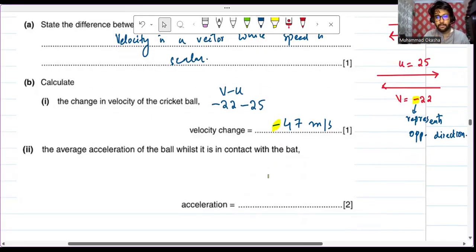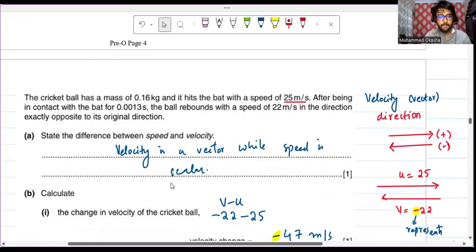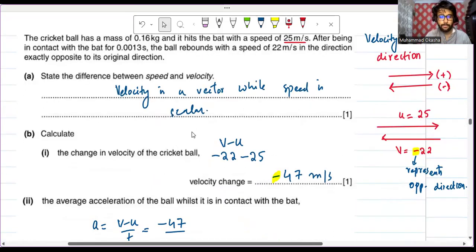The average acceleration of the ball while in contact. Well, we know that a equals v minus u divided by t. We already calculated v minus u, which is negative 47, and the time in this case is 0.0013.